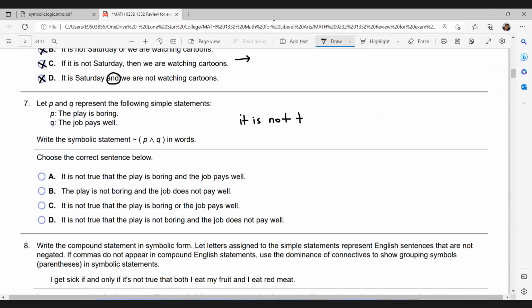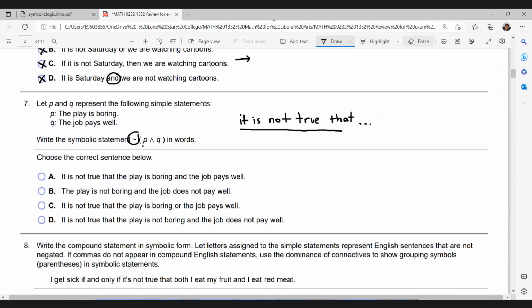I'm really having difficulty writing here now. So this symbol right here, outside of the parentheses, is the English translation: it is not true that blah, blah, blah.